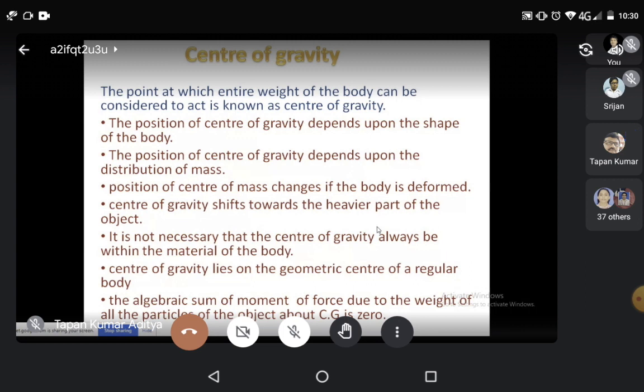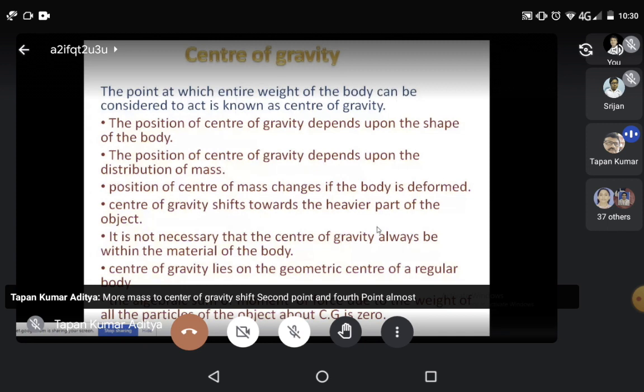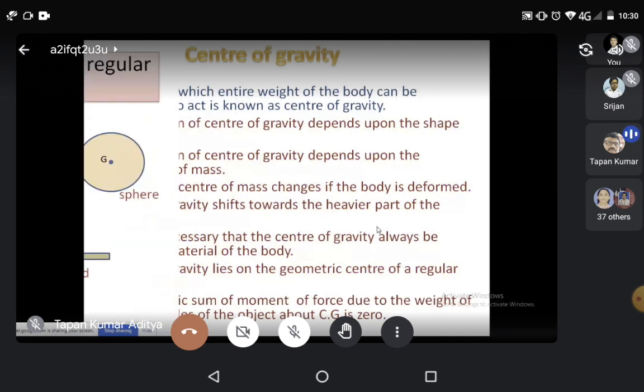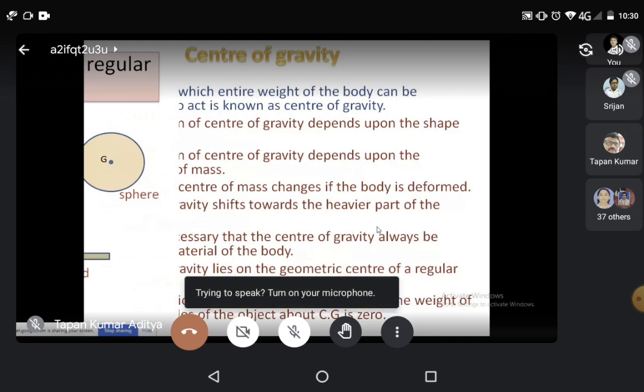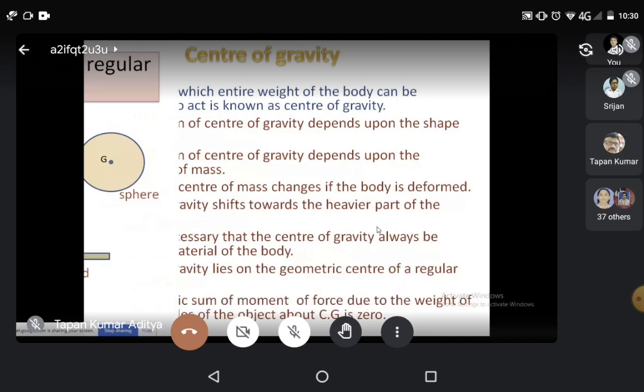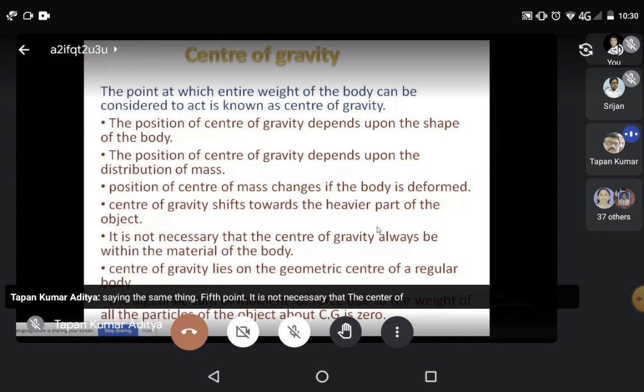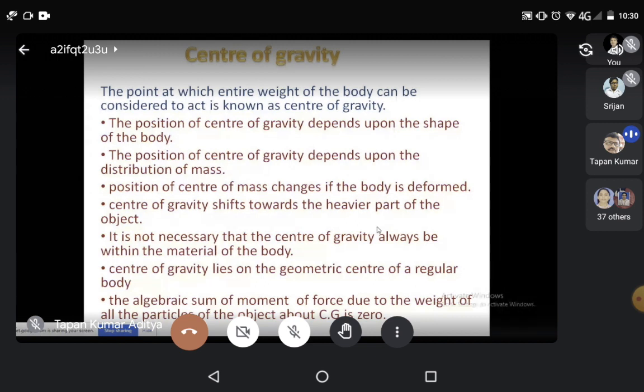Next point, it is not necessary that the center of gravity always be within the material of the body, right? Already one of you has said, if you have taken a ring, the center of gravity will lie at the center of the ring, where no material is there.